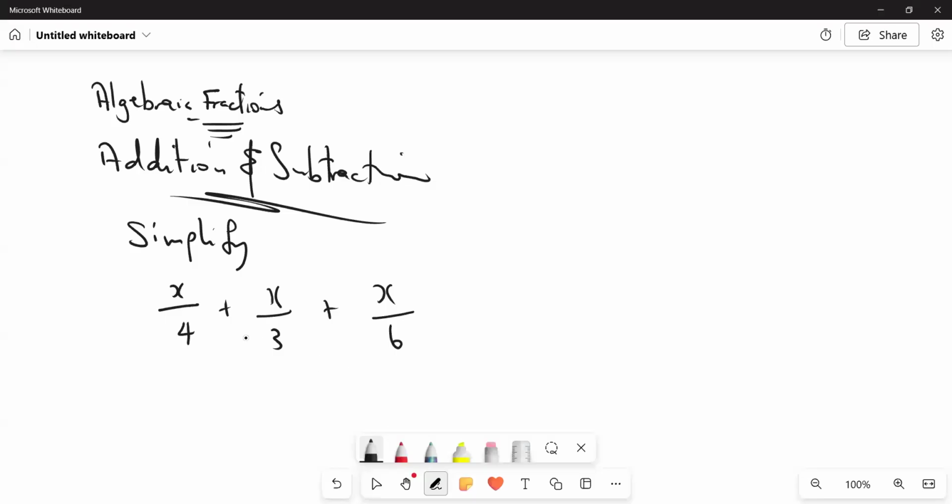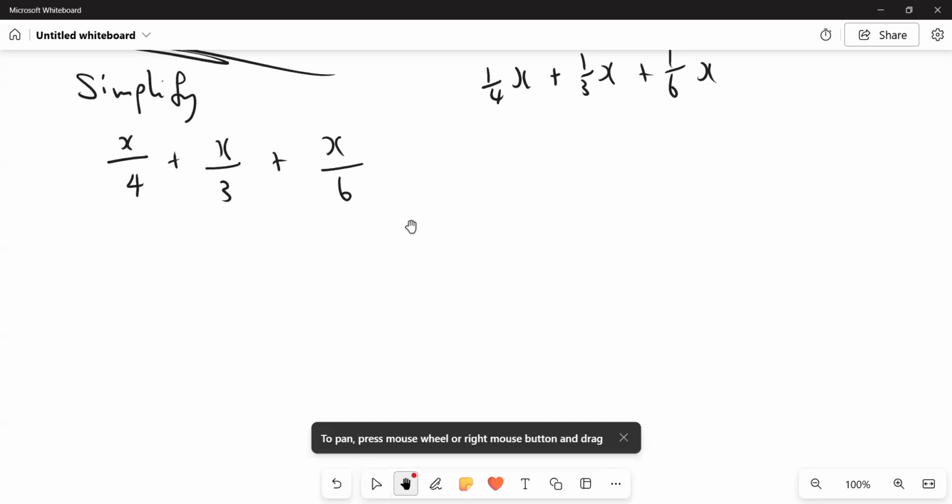You can see them sometimes written differently. You might see it like this: a quarter x plus 1/3 x plus 1/6 x. It's the same thing, right? Well, you add them just like you would add fractions, right?